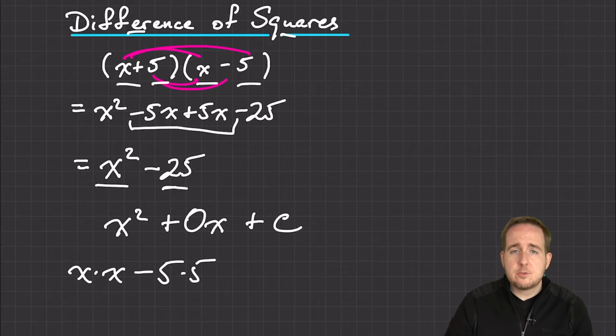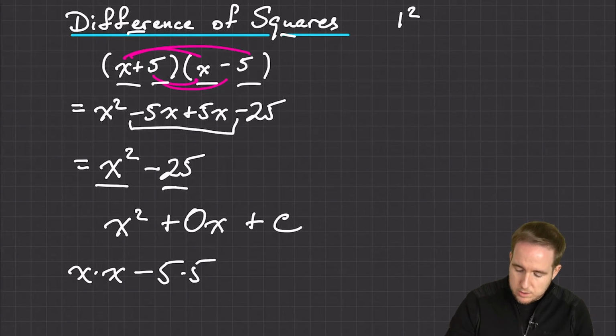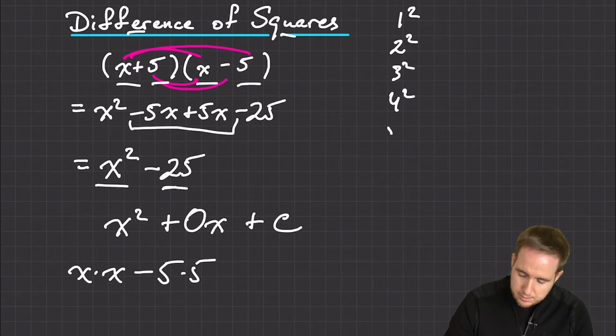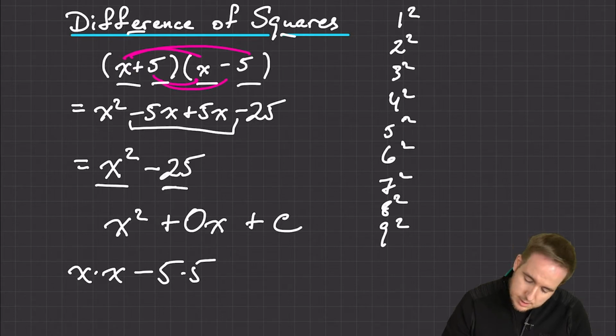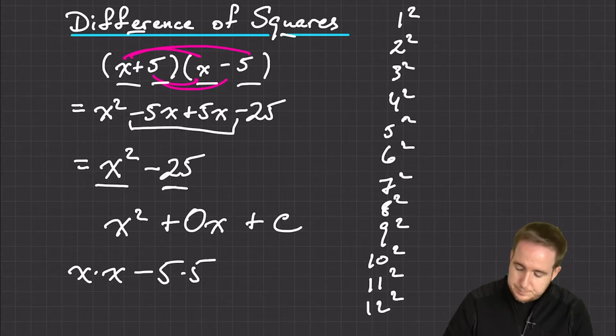In order to make this work and in order to make this easy, you have to keep a certain list of numbers in mind, which is 1 squared, 2 squared, 3 squared, 4 squared, 5 squared, 6 squared, 7 squared, 8 squared. I'm going to keep going until I run out of screen. 9 squared, 10 squared, 11 squared, 12 squared.